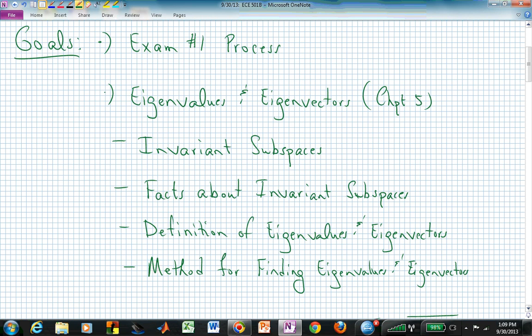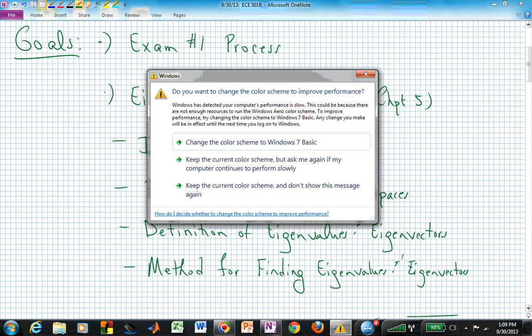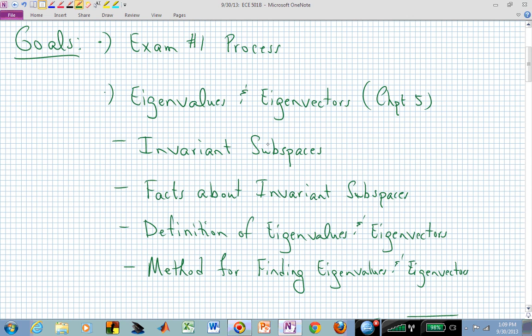That definition will present a few facts about invariant subspaces. Then we will essentially define eigenvalues and eigenvectors. We'll find a few of those, and then we'll quickly walk through a method for finding eigenvalues and eigenvectors.